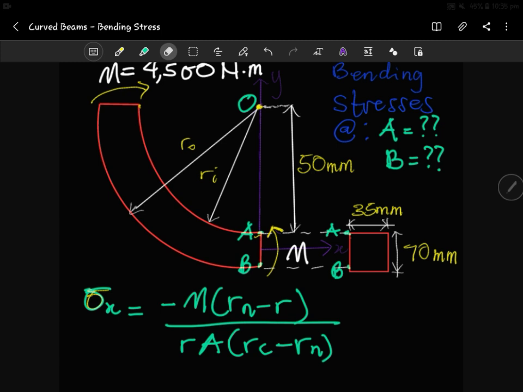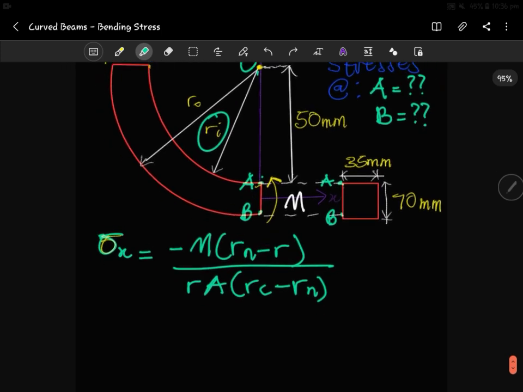We have the bending moment given directly. Rn, we are supposed to find that. R, because we are trying to find it at position A, what's the R? The A here is the inner fiber, so this will be Ri, which is the same as the distance from here to here, given here. That's for Re.